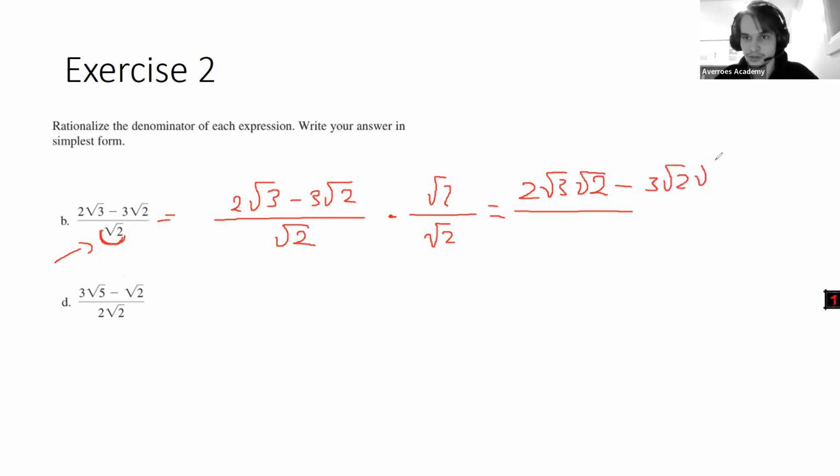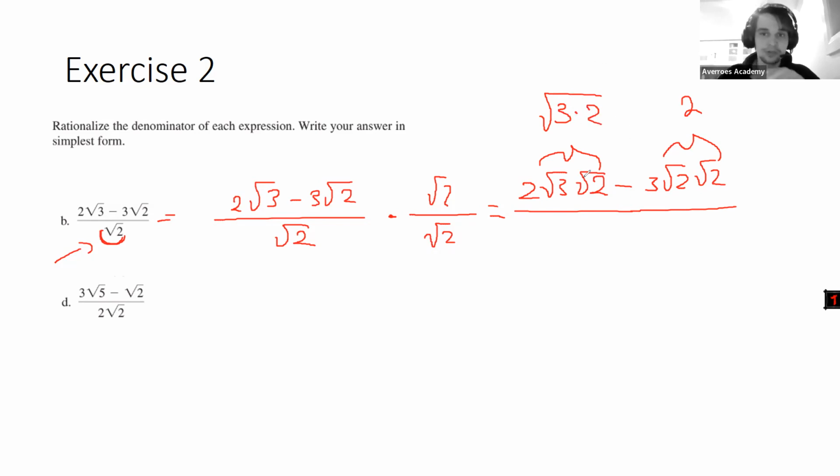You see, here are 2 square roots. These 2 square roots are going to combine into a square root. The math under the square roots works in the same way. So we're going to multiply 3 by 2. So square root of 3 times square root of 2 is equal to square root of 6.